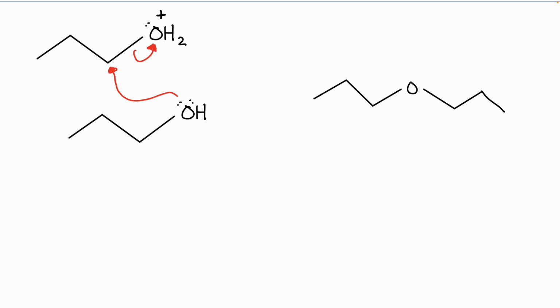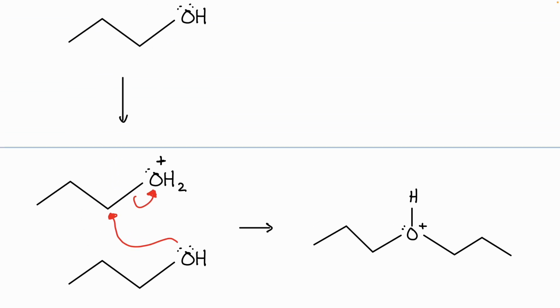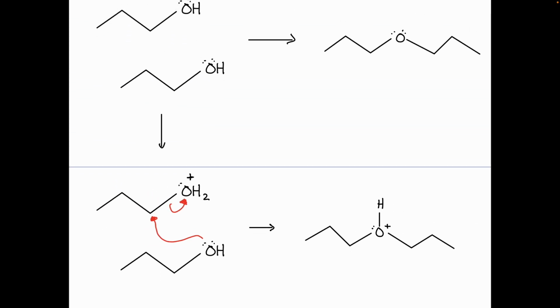I have my new carbon-oxygen bond, but importantly, there's also that hydrogen still bound. And how are we going to get rid of it to make our ether? Water, right? We're going to use our base. The only base that we're allowed to use under these acidic conditions would be water.